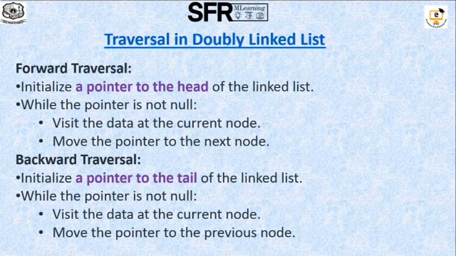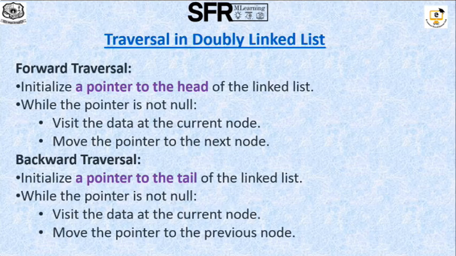Next we check that the pointer is not null, meaning the list must not be empty. If the list is not empty, we visit the data at the current node. After visiting we move the pointer to the next node. The same process repeats until all the nodes are visited. This is forward traversal.